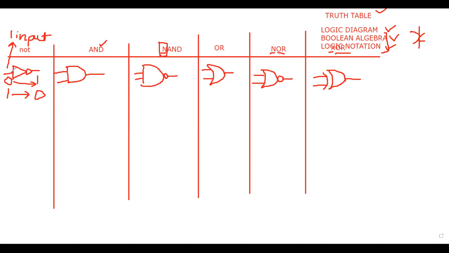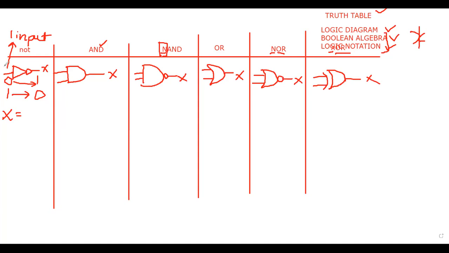Got it? So that is the reason X is the result. In all the cases, we assign the output as X. We have fixed this. Okay. So X is equal to what?